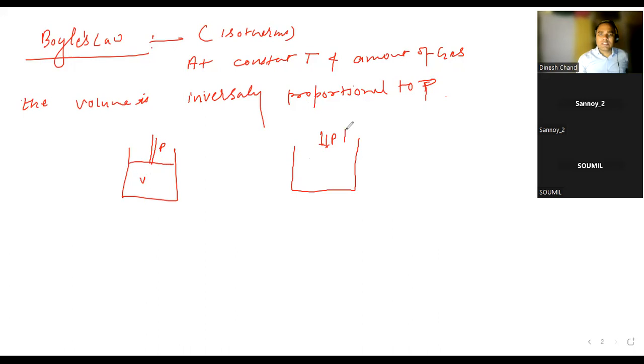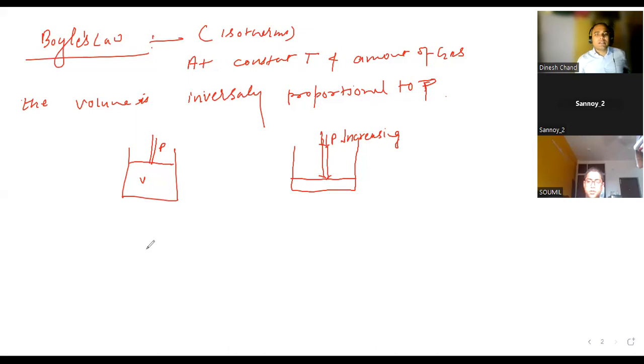It will be compressed, so the volume will decrease. So are they inversely related or directly related? Inversely related. So V is inversely proportional to P. Can we write like that?